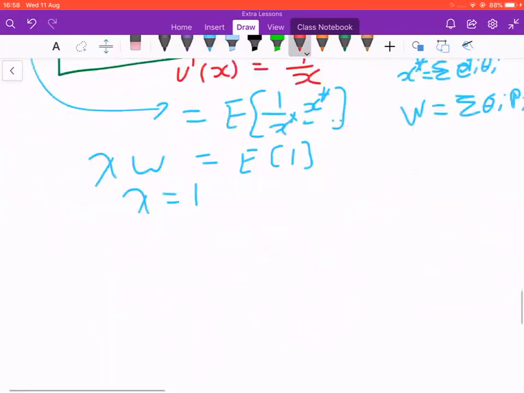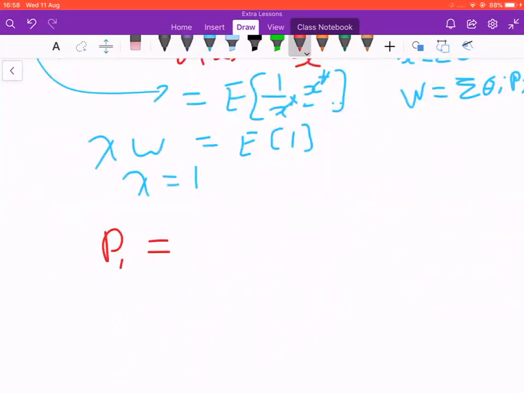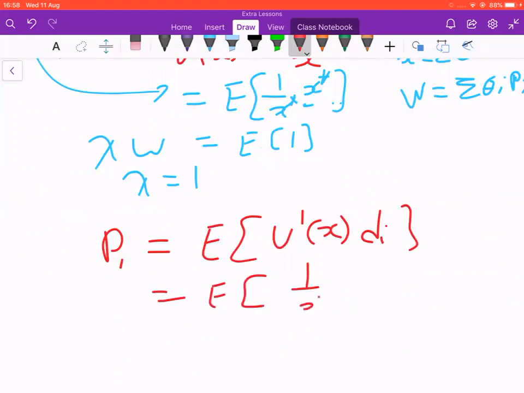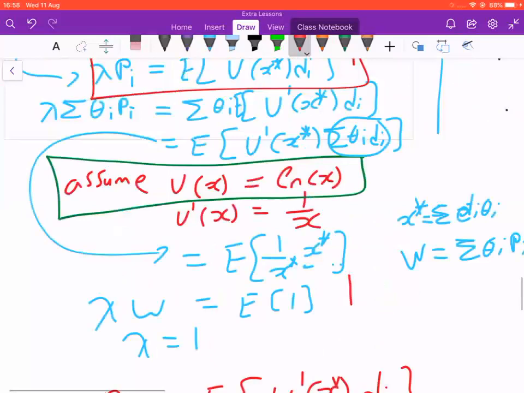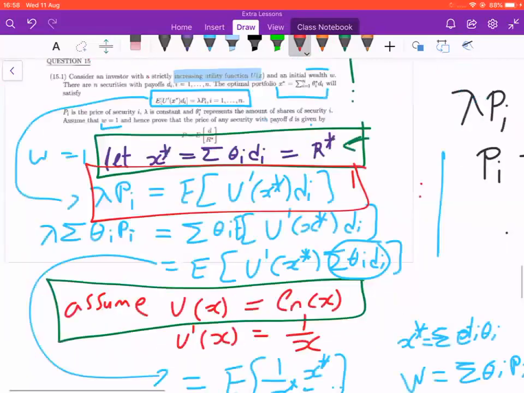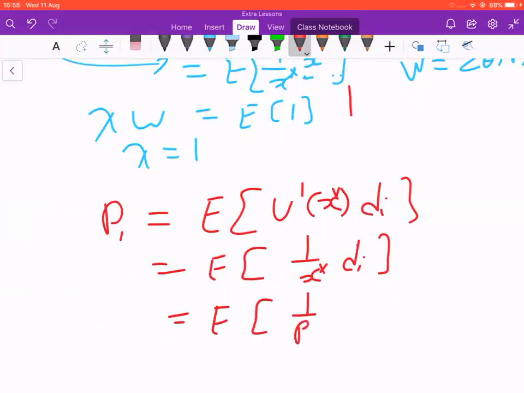You will have pi equal to the expectation of the first derivative of x times d I. We already said that it is going to be 1 over x, and our x is actually equal to r star, so we can just put r star over there. It's going to be the expectation of 1 over r star d I. So this is how they found this proof. It's one of the proofs they love to ask.